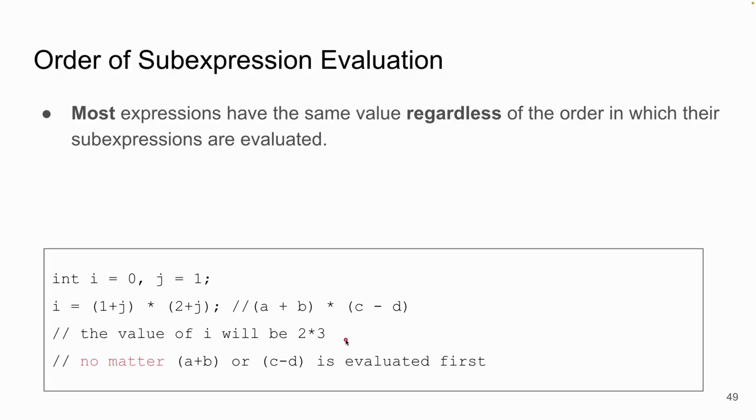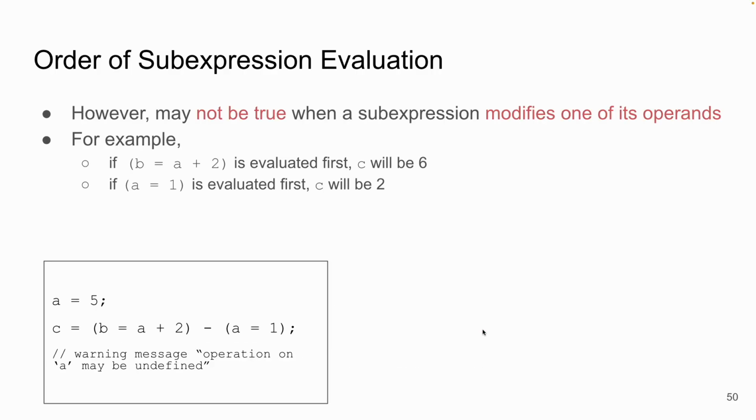So in this case, we don't really need to care about the order of sub-expression evaluation. However, there are some situations where the order of sub-expression evaluation will change the return value of the entire expression. Let me show you an example.